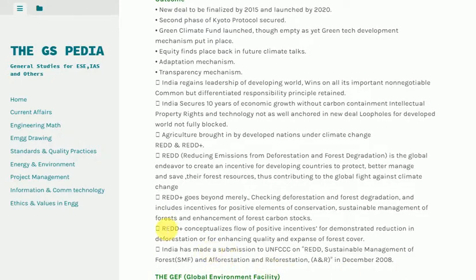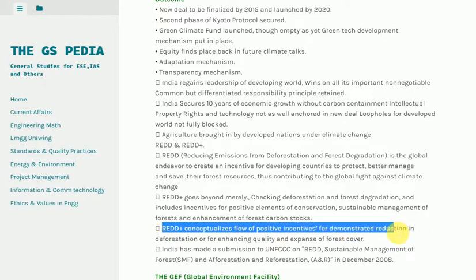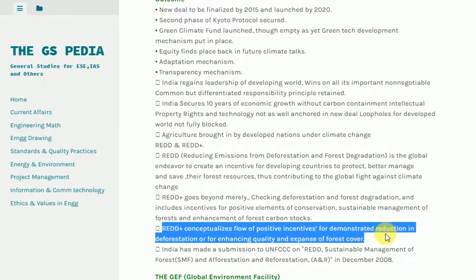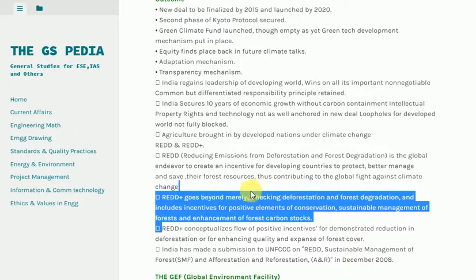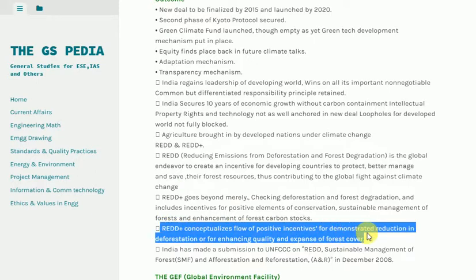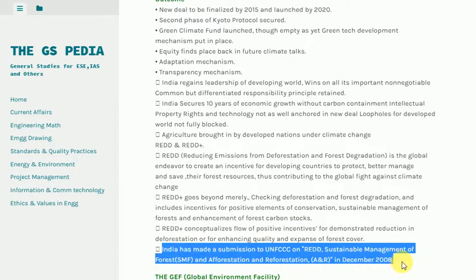REDD conceptualizes flow of positive incentives for demonstrated reduction in deforestation or for enhancing quality and expanse of forest cover. India has made a submission to UNFCCC on REDD, Sustainable Management of Forests, and Afforestation and Reforestation, in December 2008.